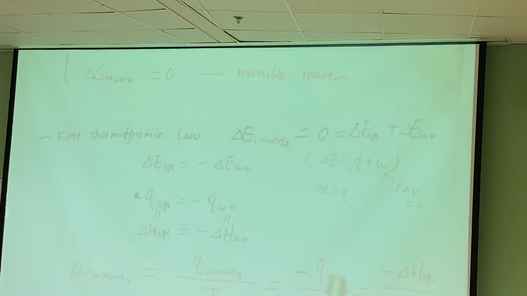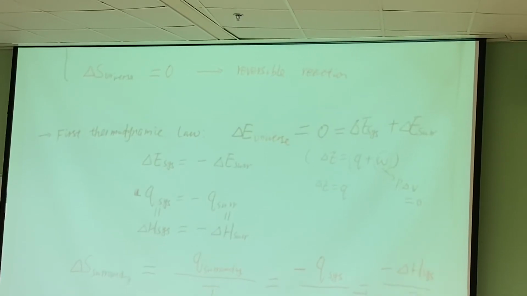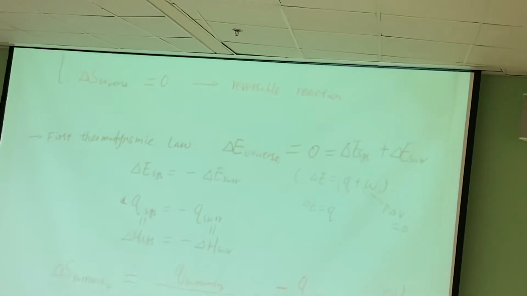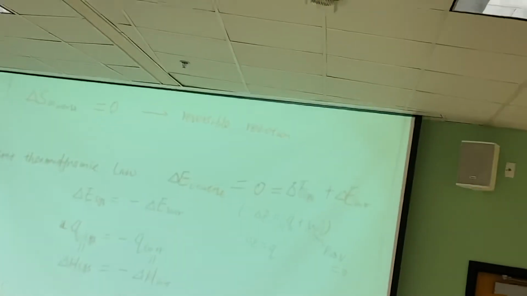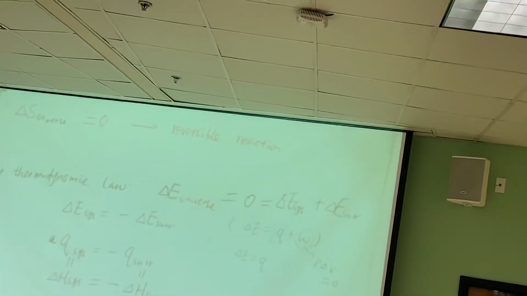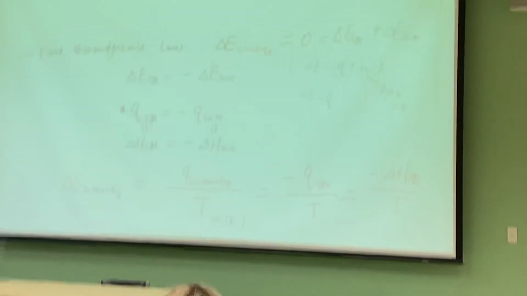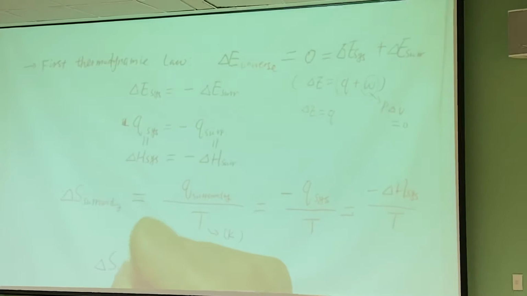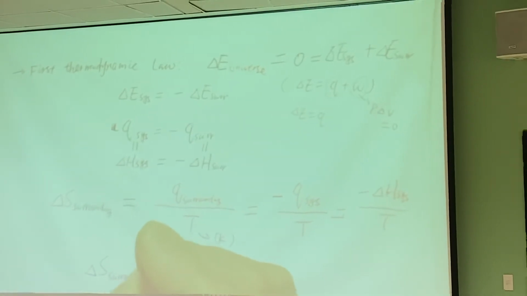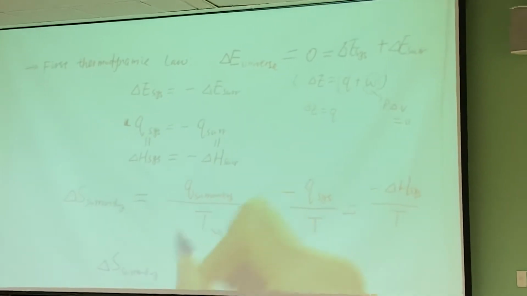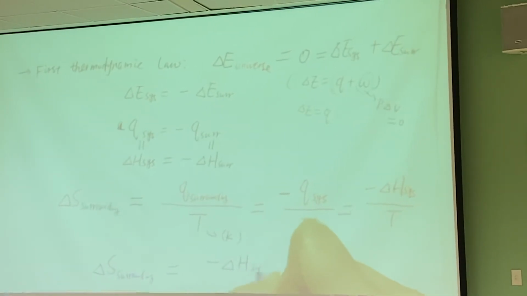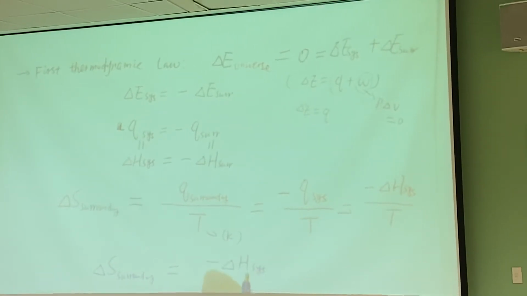And this Q we can measure through certain methods, and this delta H we can also measure or calculate. That gives you a very common equation we use a lot: delta S surrounding equals negative delta H system over T. Be careful, don't forget this negative sign.